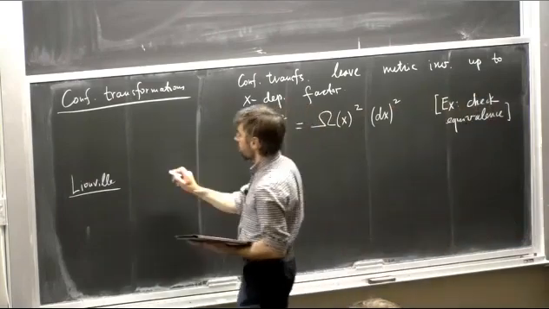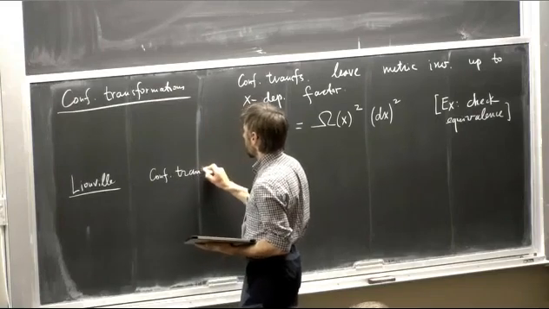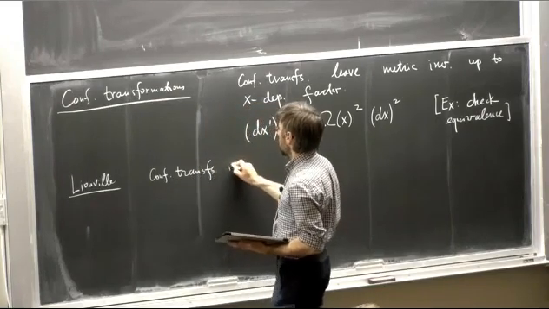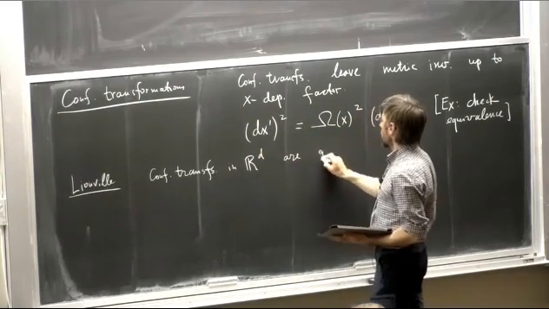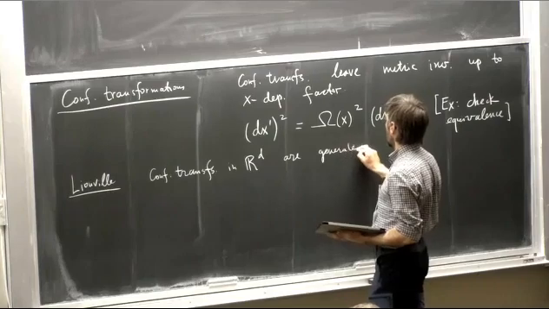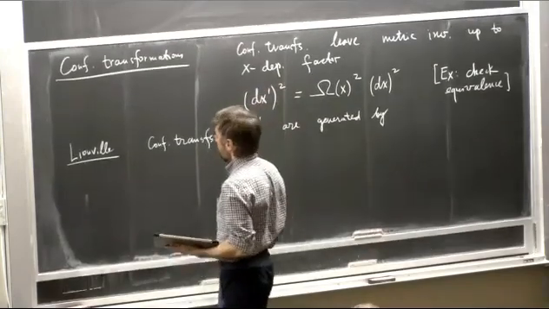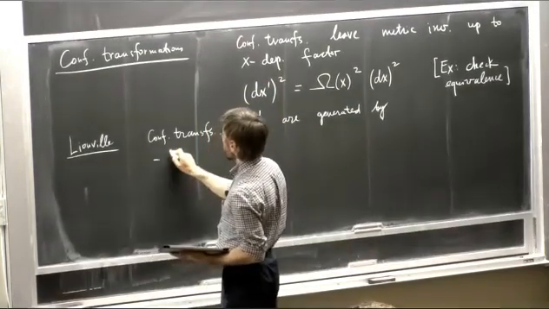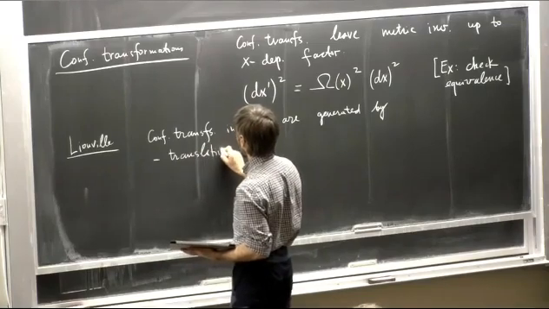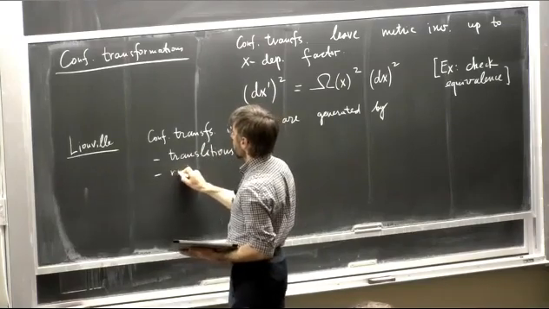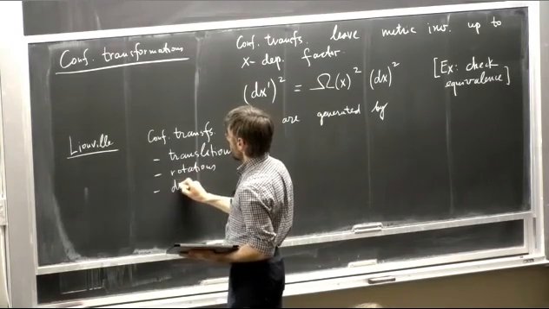So it tells you that conformal transformations in R^D are generated by translations, rotations, dilatations.